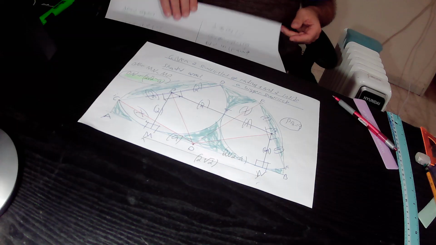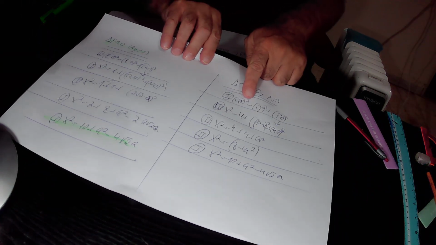So we found out that x squared equals 4 plus PO squared, and what is the value of PO squared?